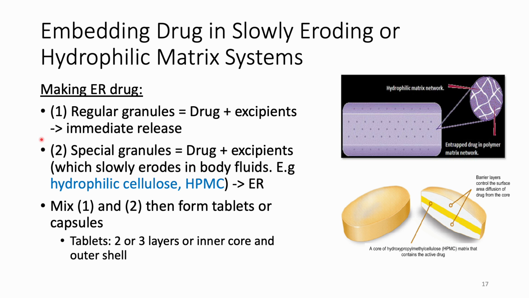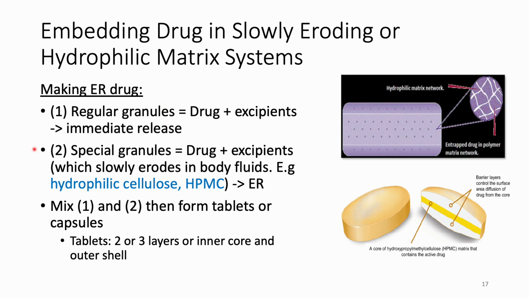The next technology is embedding drug in a slowly eroding or hydrophilic matrix system. To make this kind of extended release drug, there are two kinds of granules. The first one is regular granules. Regular granules are composed of drug and excipients, and this kind of granule is for immediate release.